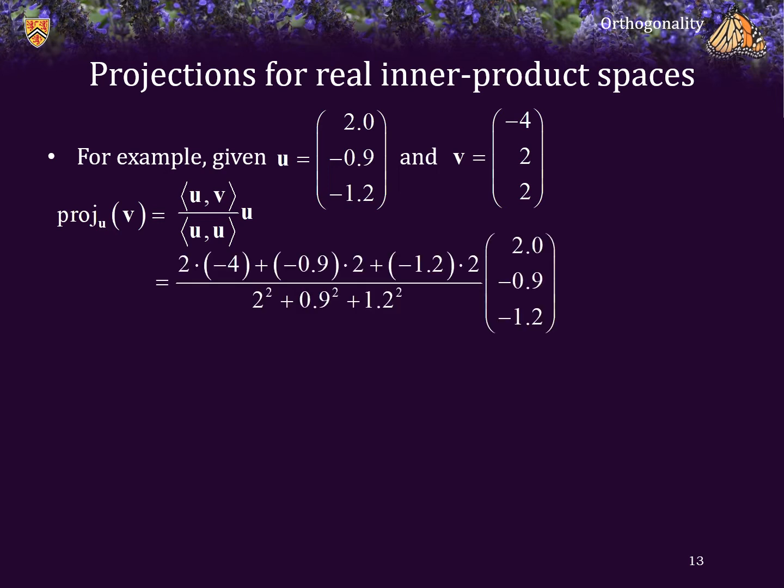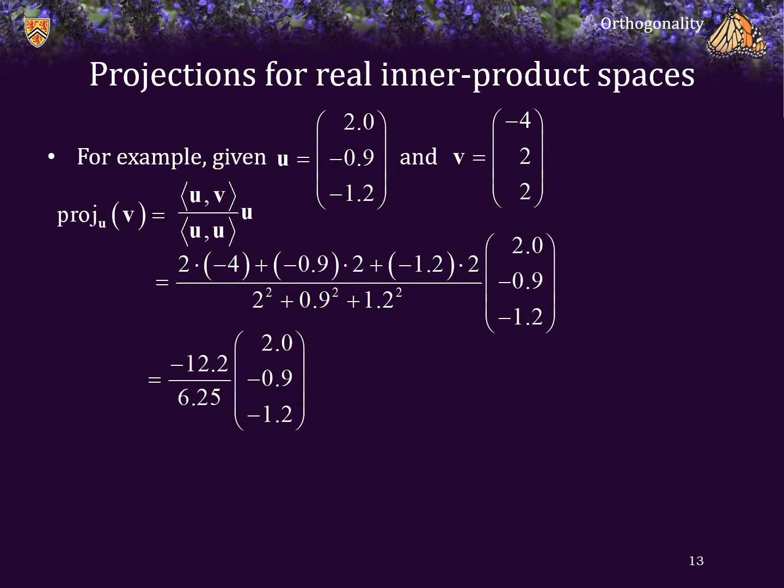In this case, the inner product is 2 times -4, -0.9 times 2, 1.2 times 2, and that is over the 2-norm squared of the vector u, which is 2 squared plus 0.9 squared plus 1.2 squared. All of this is multiplied by the vector u.